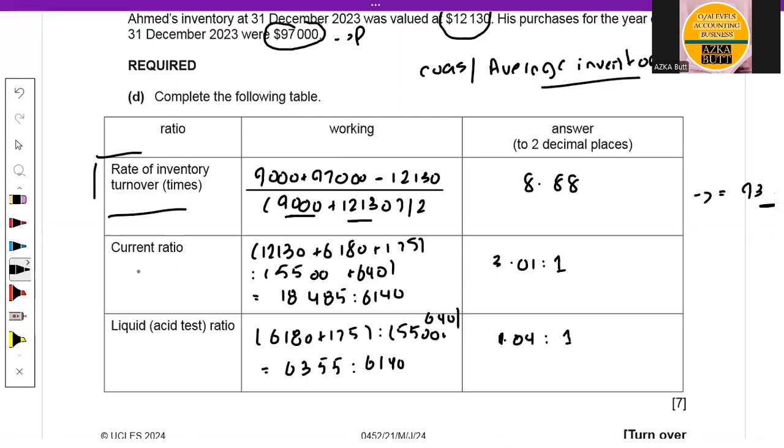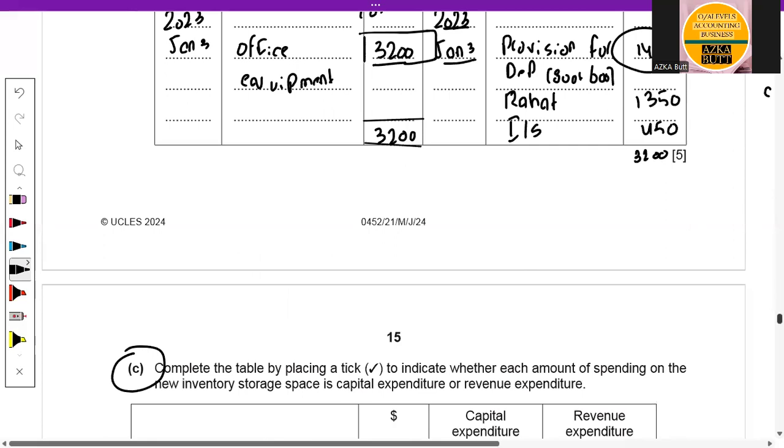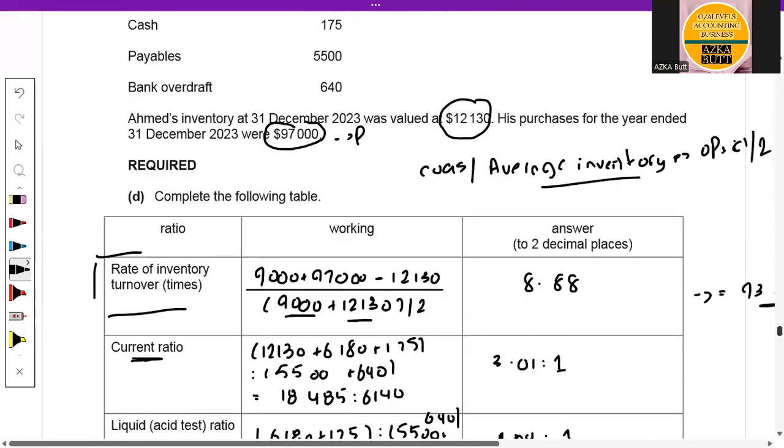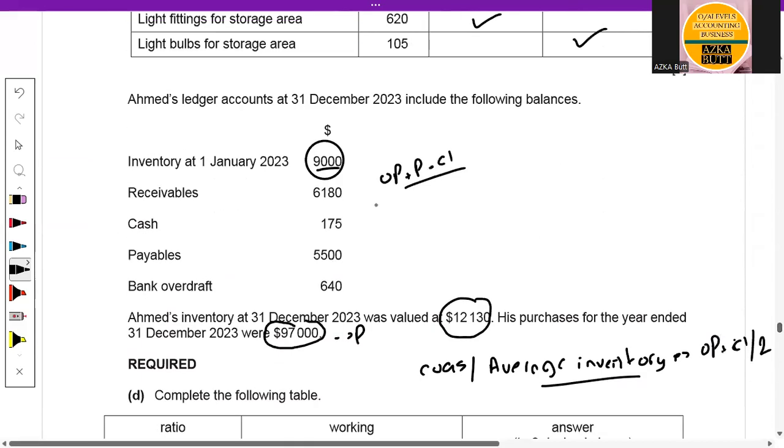Now we have to see the current ratio. What is the formula for current ratio? Current assets divided by current liabilities. In current assets, we have the closing inventory first, which is 12130, and we have receivables 6180 and cash, which is 175.